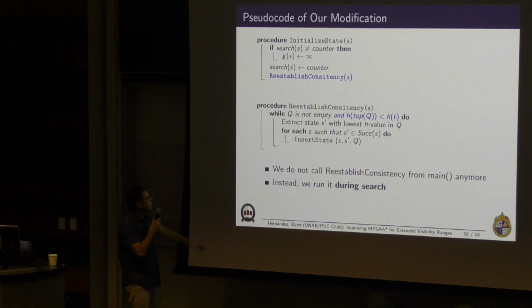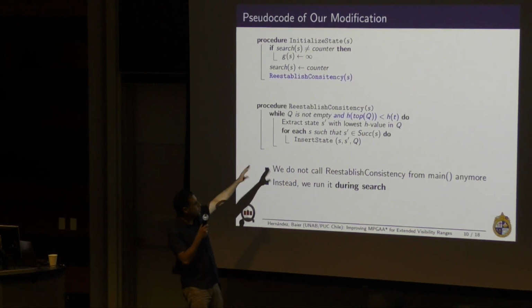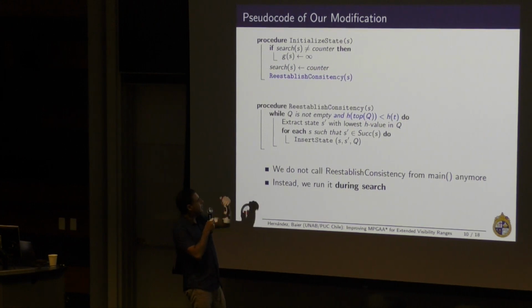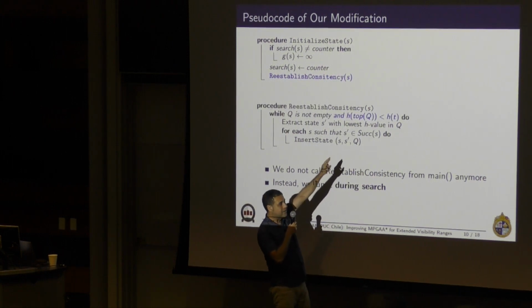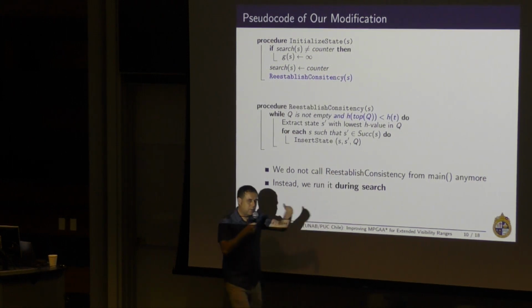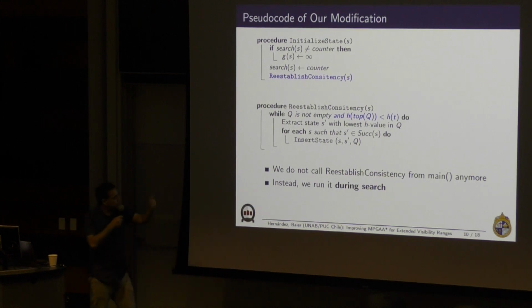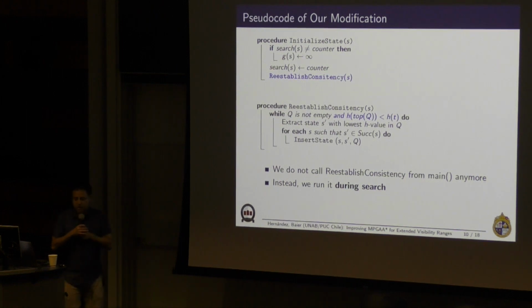And to limit the update of the heuristic, we run the reestablish consistent procedure only while the heuristic is lower than the heuristic of the current state of the agent.